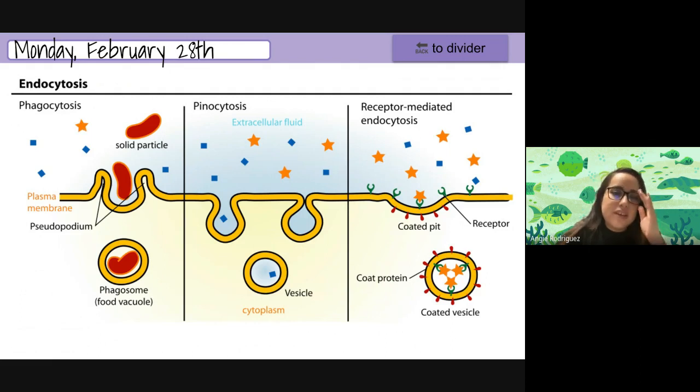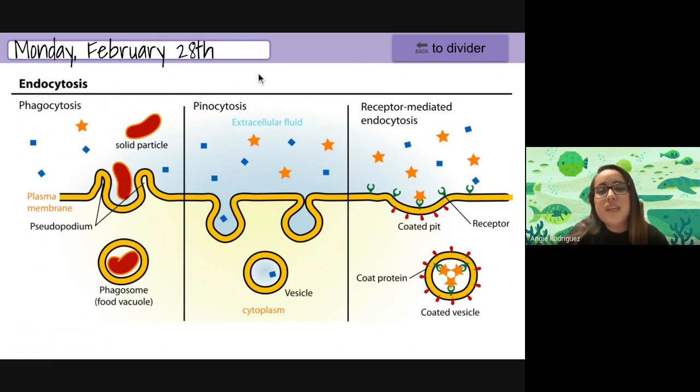So the way it does it is, let's say it's trying to take in these molecules here. The molecule is going to fuse or attach itself to the plasma membrane here, right? This yellow thing here. Then the cell is going to create like a little pouch, what they call a vesicle right here. And then it's going to take in that molecule by cell eating or phagocytosis, this first one right here.